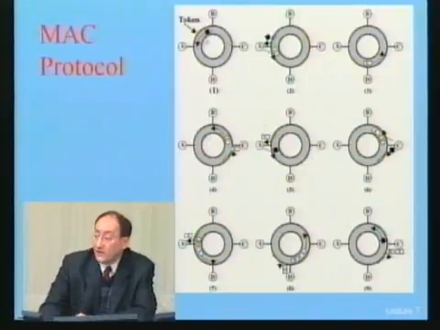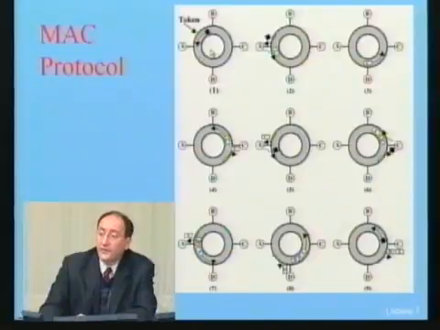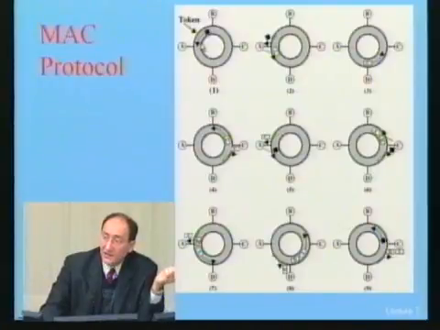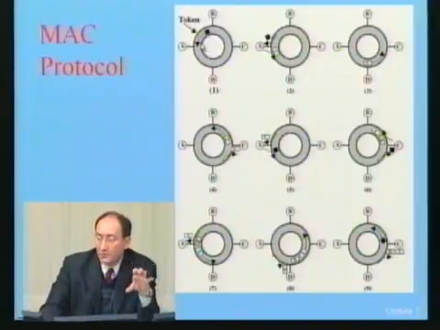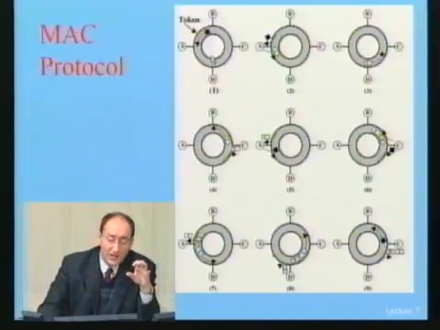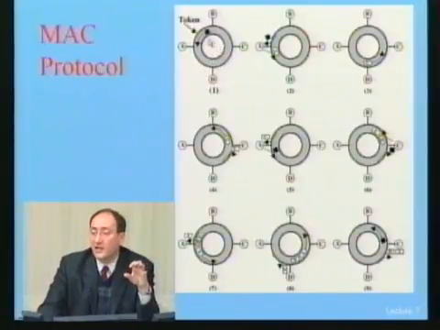The MAC of 802.5 is a token ring, which means that I have a token inside there, and anyone who wants to transmit information picks up the token from the ring and sends the packet, and then puts the token back on the ring. One good example is this one. At the beginning, this token is circulating inside the ring, and I have like 4 of these terminals. Terminal A wants to send a packet to terminal C.